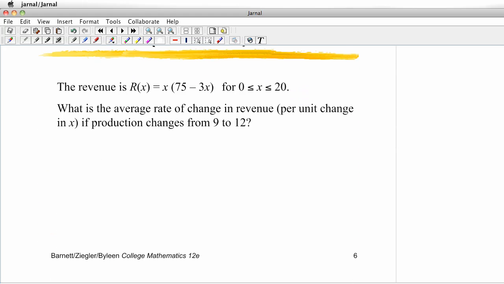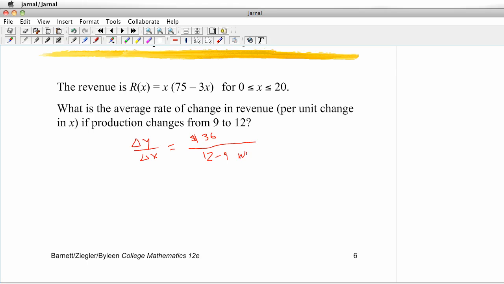The average rate of change is the change in y over the change in x. So again, that's something we can interpret as slope later on. That's the change in revenue, which we saw was $36. And the change in the x's is 12 minus 9.